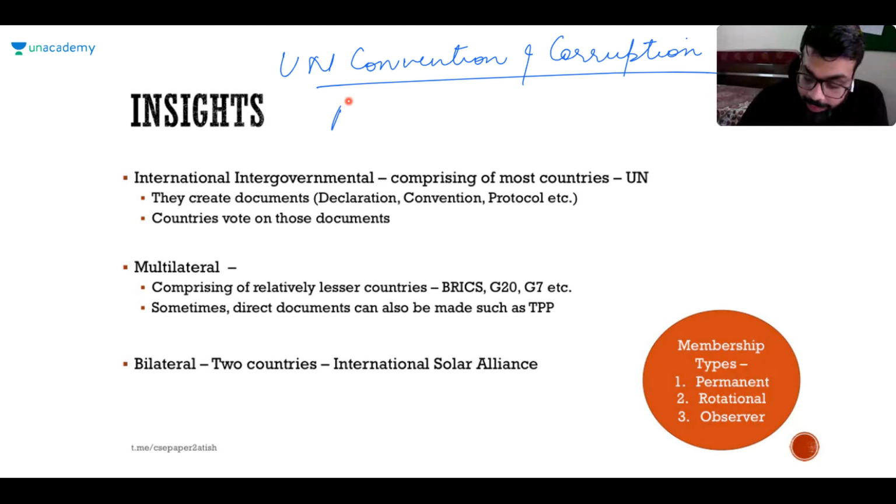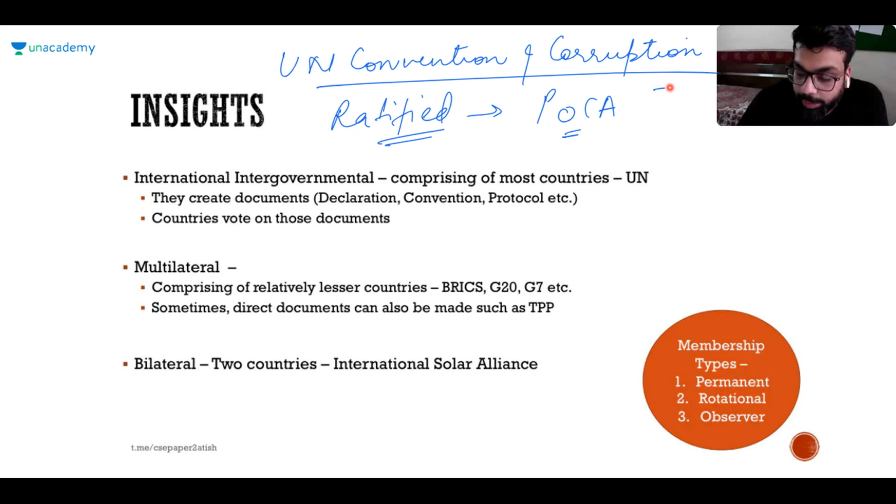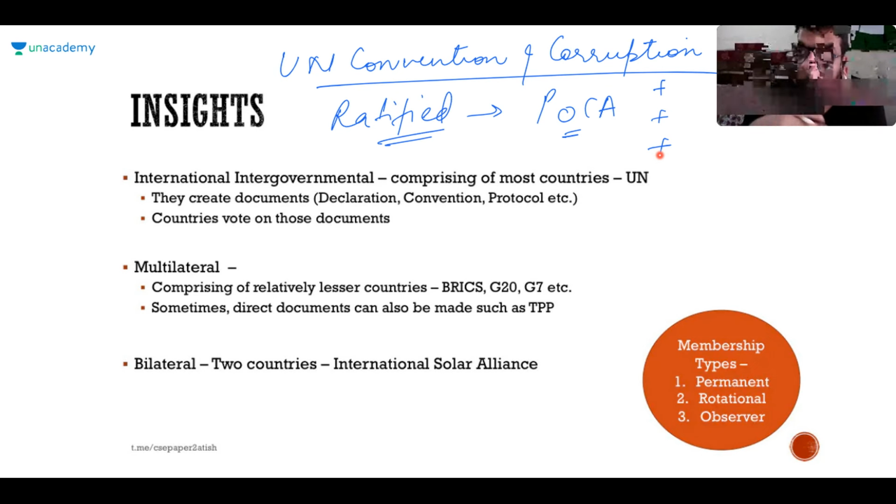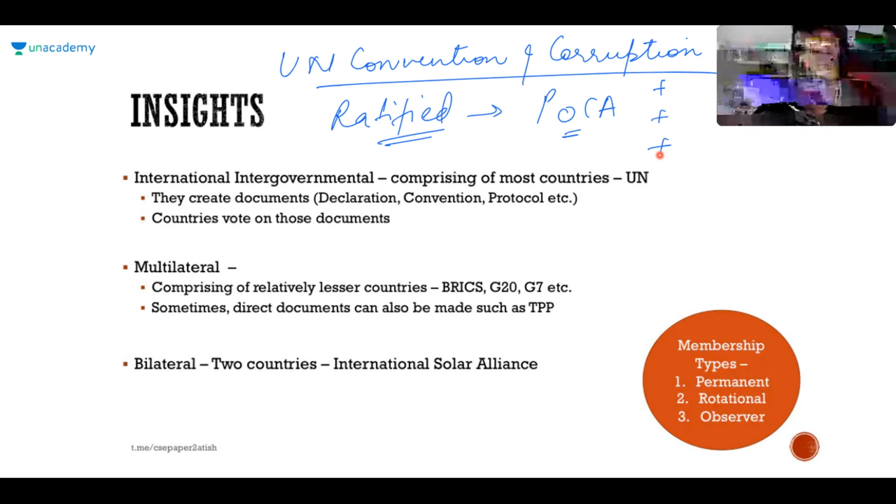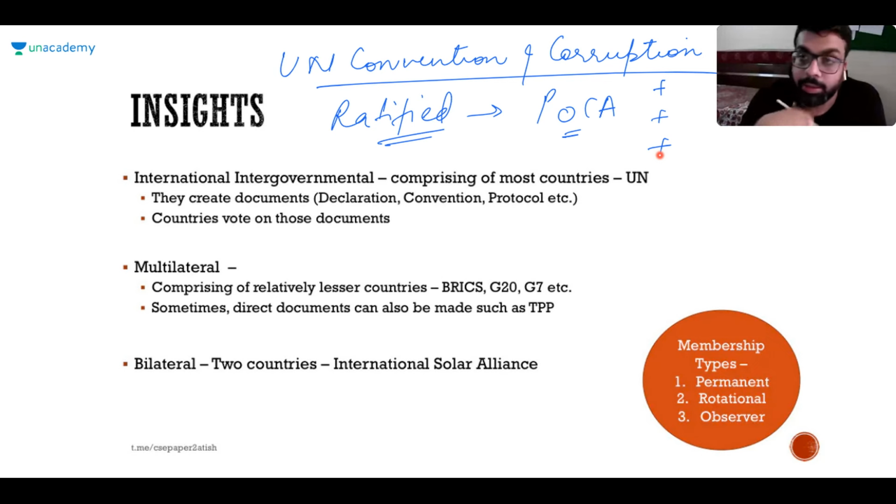Now, India again ratified this, and some time ago, we made amendments to the Prevention of Corruption Act, where we added certain provisions, such as companies could also be charged with corruption, and you'd have to take consent to even prosecute retired officials, and dedicated fast track trials for corruption cases should happen. This is an example of ratification.